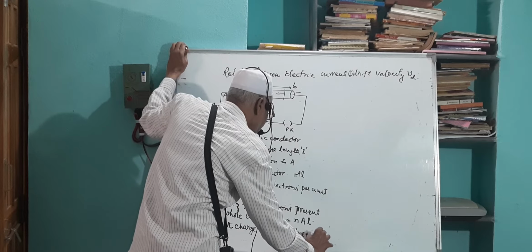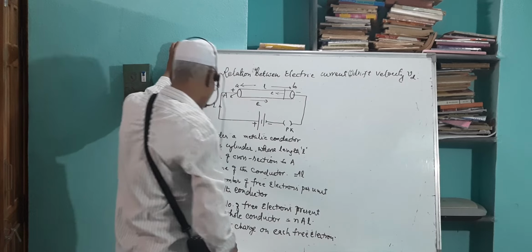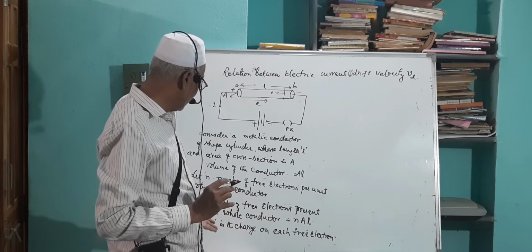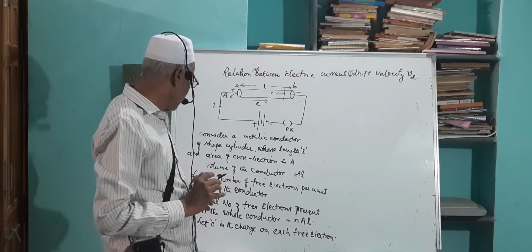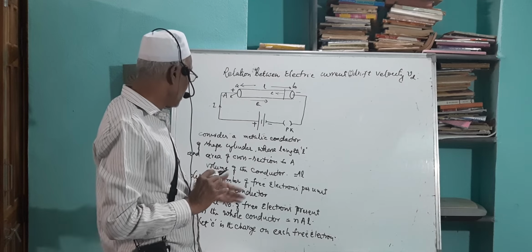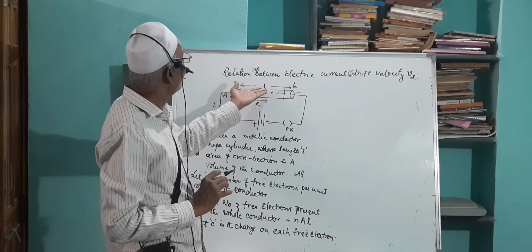So e represents the charge on each free electron. How many electrons are there? The total number of charges present in this conductor, which has length L.